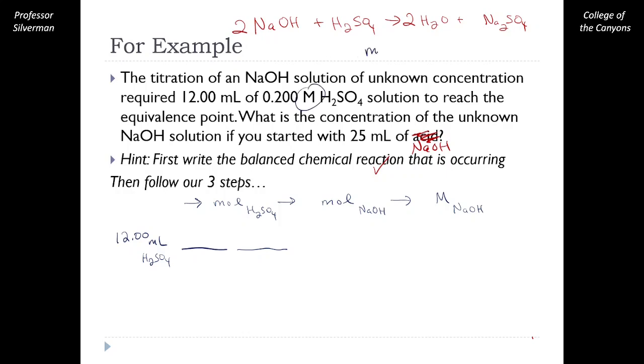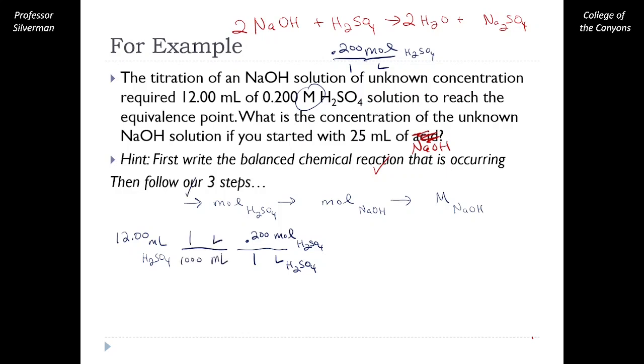Molarity is the same as moles divided by liters. Here we have 0.2 moles for every 1 of our liters. I've left one extra blank space here. It looks like we need to do a metric system conversion first so that our units actually line up.